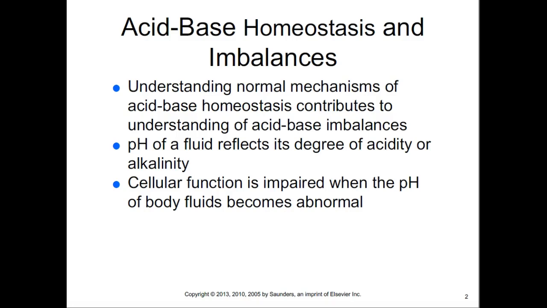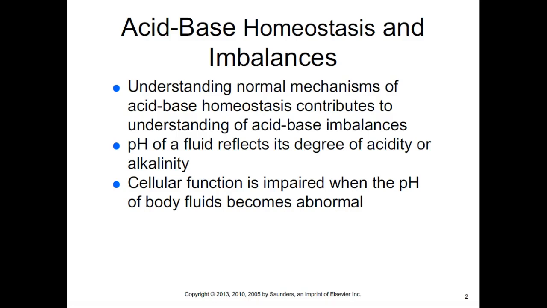Think of the two main organ systems functioning in acid-base homeostasis. The first is our ability to breathe. If we can get rid of an adequate amount of carbon dioxide, not too much and not too little, our carbonic acid buffering system is going to be fine. If it is over-shifted, you're going to have a respiratory acidosis.